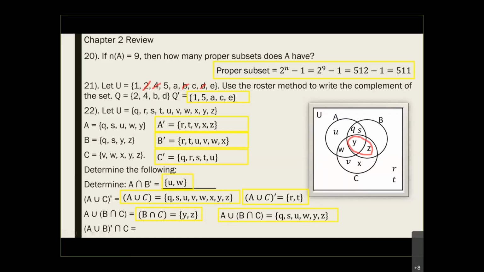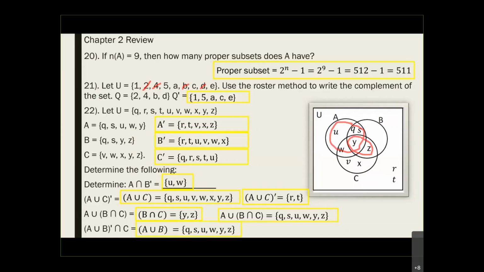My A is Q, S, U, W, Y, and now I need to add a Z to it, which is the item inside A or inside both B and C. Okay, we do not use the V and the X because V and X is not in B, right? The item has to be inside A, and inside both B and C.